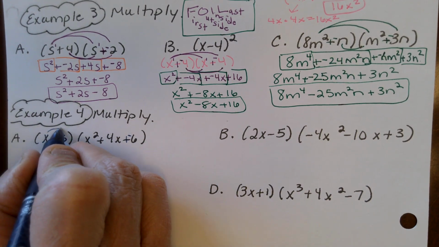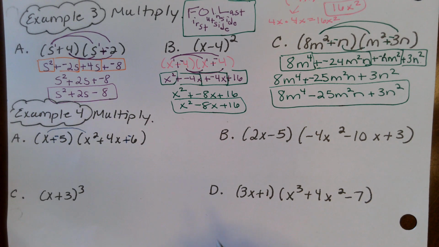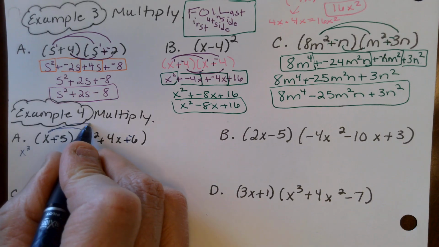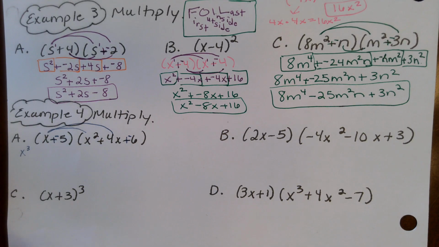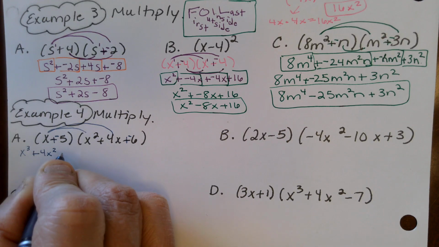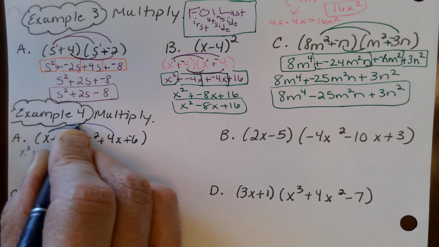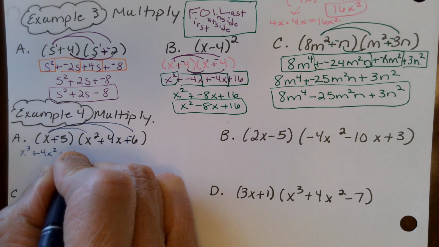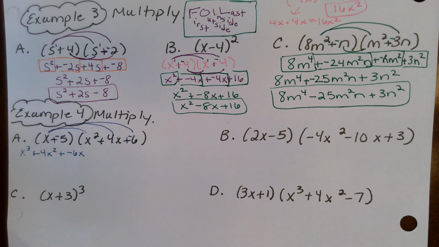Okay? So x times x squared is x to the third. Then we have x times the 4x, which is a plus 4x squared, plus x times the -6, which is a -6x.